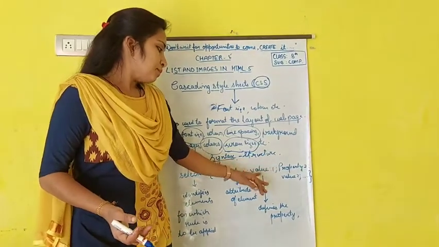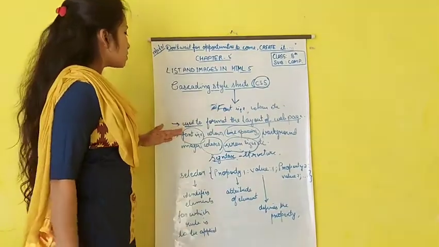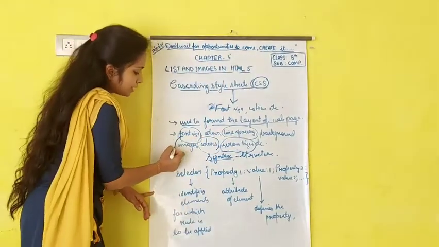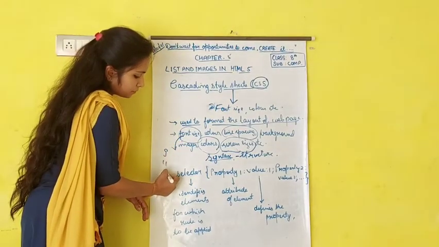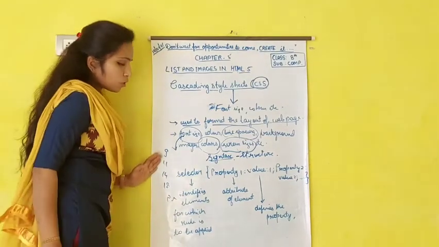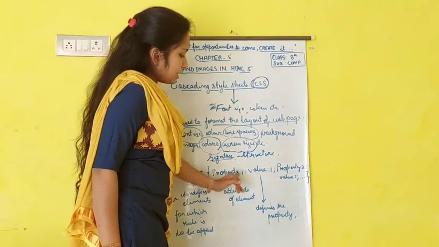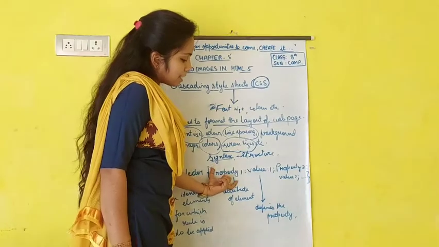Then value 1. Value 1 means the value for the property you want to change. For example, if you go for font size, there are many font sizes you have seen: 9, 11, 14, 18, 25. So suppose your property 1 is font size. Instead of property 1, you write font size.